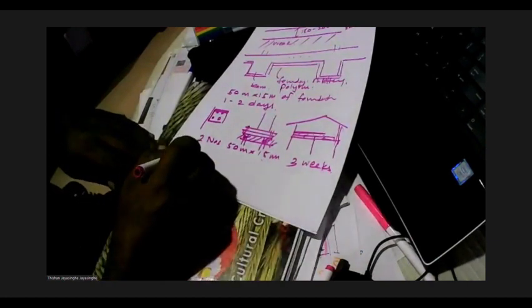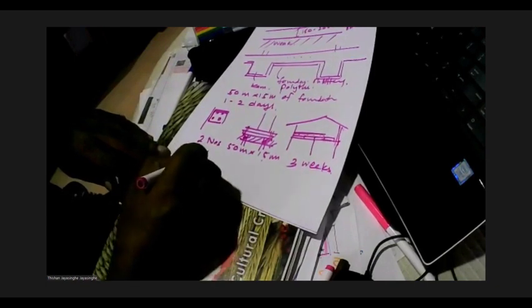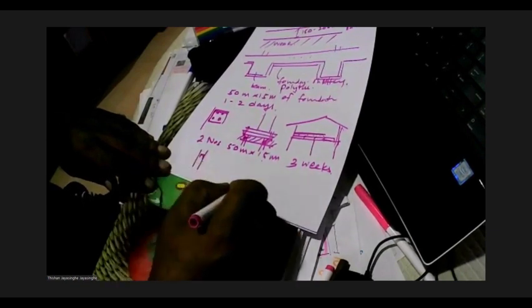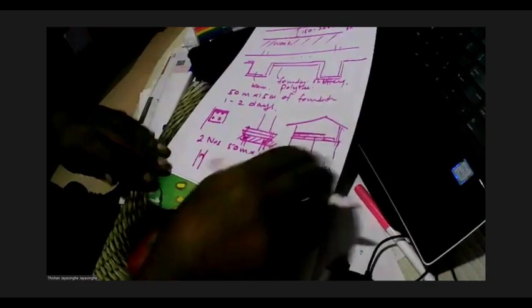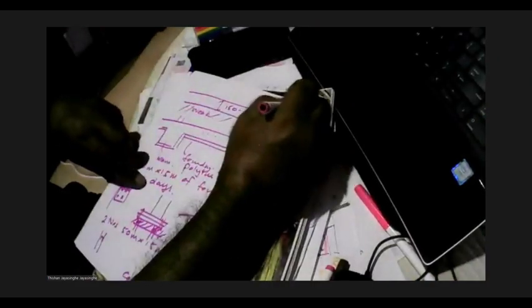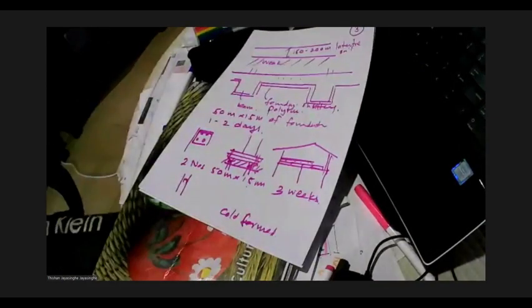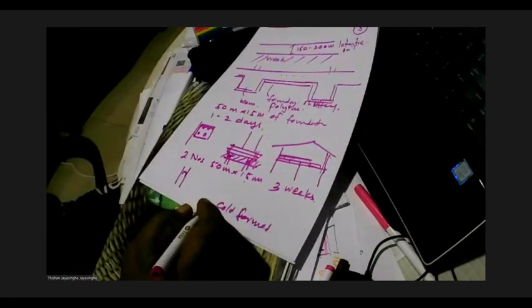And then to save time, we actually went with C channels, the cold-formed steel.